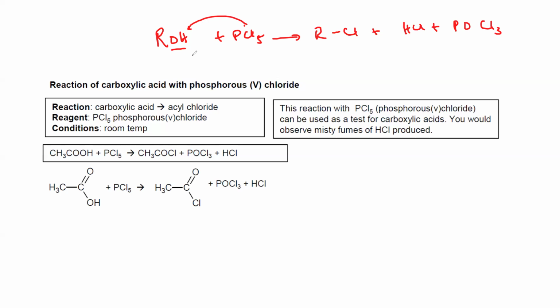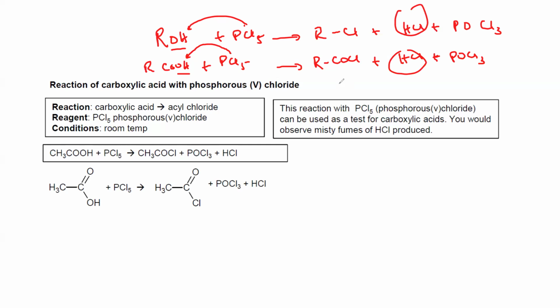Same thing, if we have a carboxylic acid, the reaction occurs the same way. So if you have a carboxylic acid, C double bonded with O and OH, and we add PCl5, chlorine will take the position of the OH, so it will become RCOCl. Then hydrogen combines with another chlorine, so it will become HCl, and then POCl3.